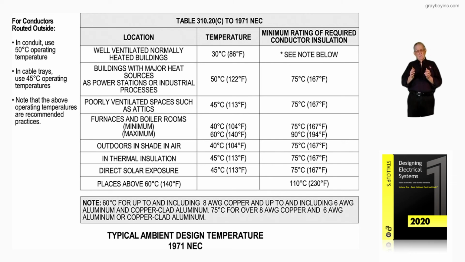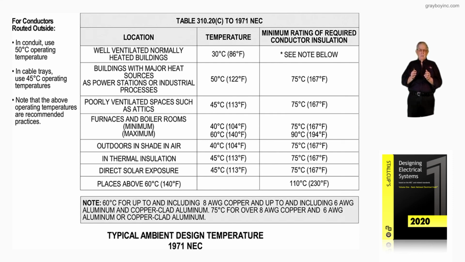Those wiring methods, feeding lights, plugs, and things like that, are very seldom ever loaded up. So they're never loaded to a point that the load on the conductor can cause, due to the outside temperature where it's routed, to create a heating problem that could damage the insulation.